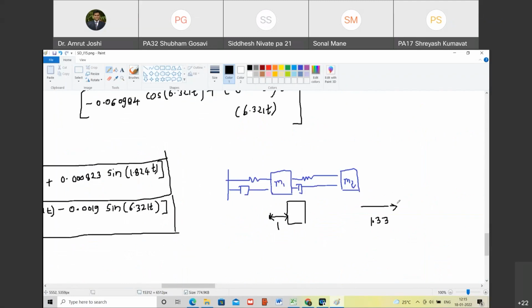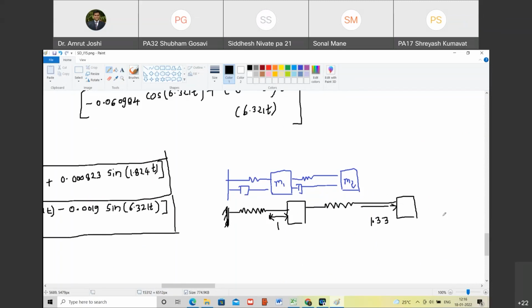So the second mass must occupy this position. Are you with me? Yes, sir. So if the structure vibrates in first mode shape, then the first spring is also stretched and the second spring is also stretched. Do you agree with me? Yes, sir. Now we will not say anything about damping for now.